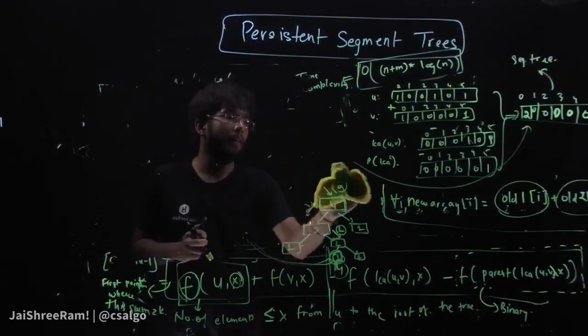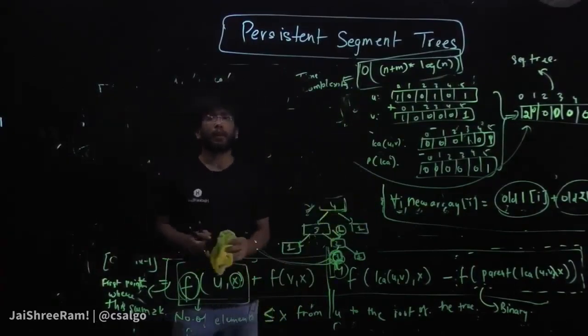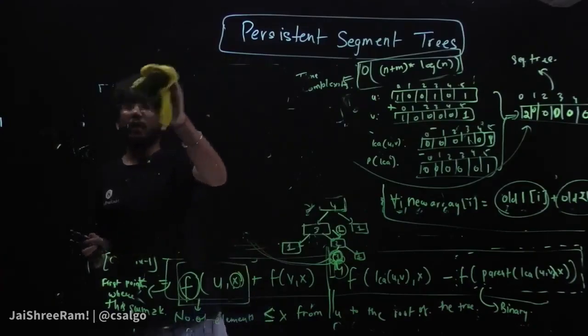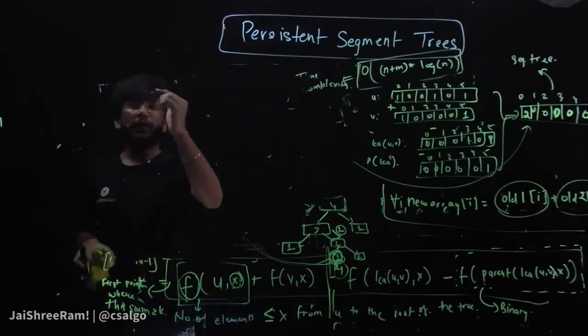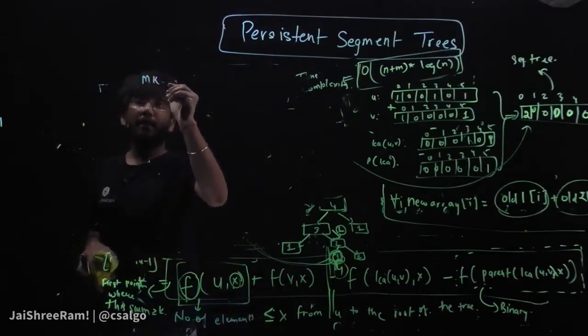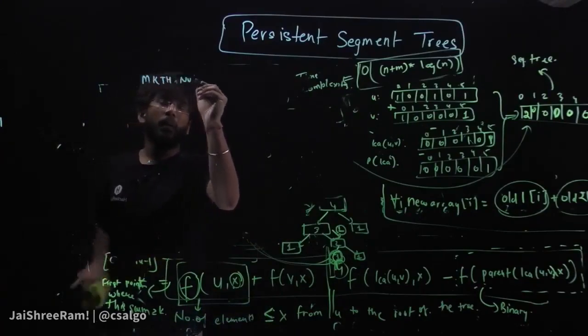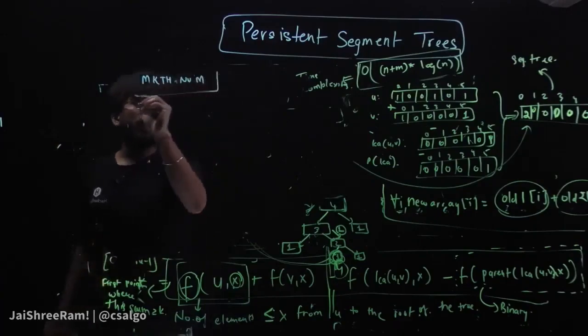I'll jump on to some other question, and you just need to think of a solution to it. We'll implement all of these later on. So the next question is named mkth num on SPOJ itself.